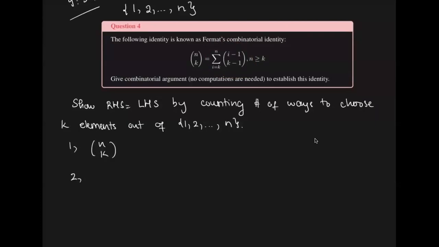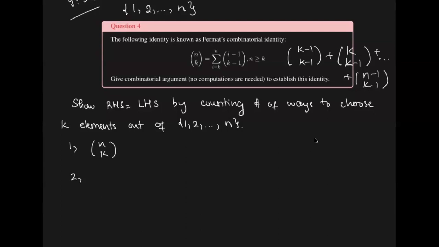So how do we do that? If we look closely at what this summation contains, it contains k minus 1 choose k minus 1, plus k choose k minus 1, up until n minus 1 choose k minus 1, right?